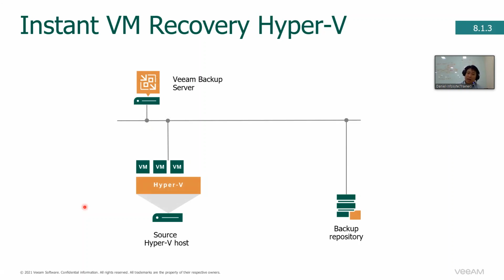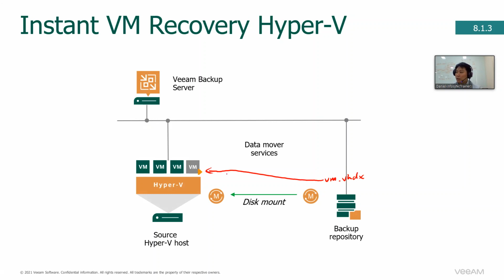Next thing, Hyper-V instant VM recovery is a bit different. Right? Now using instant VM recovery in Hyper-V, first, they will only do this one. Why? Because over here, your repository comes with your virtual machine .vhdx, right? Okay. So this particular disk will get mounted read only.